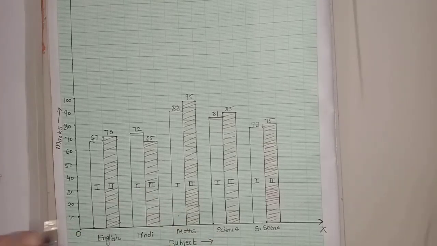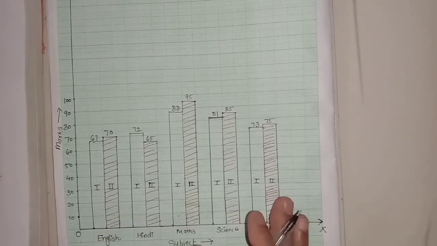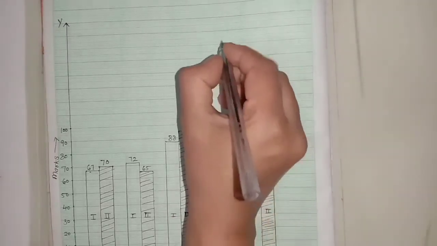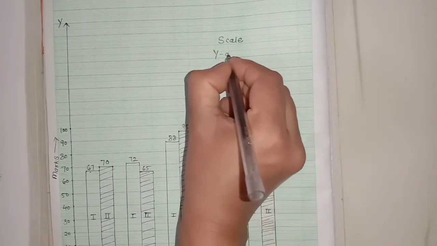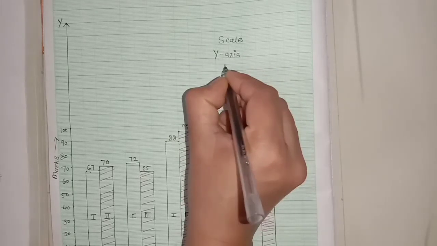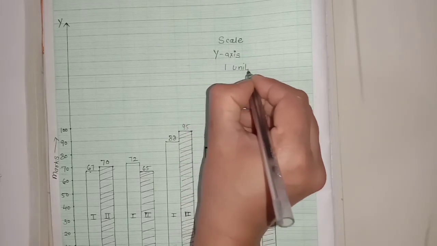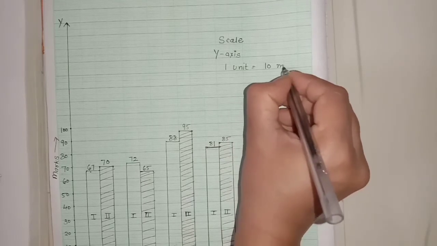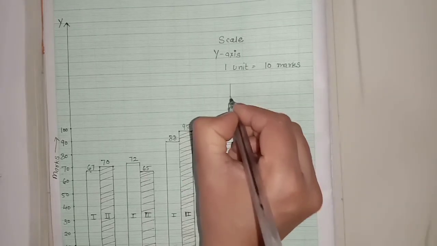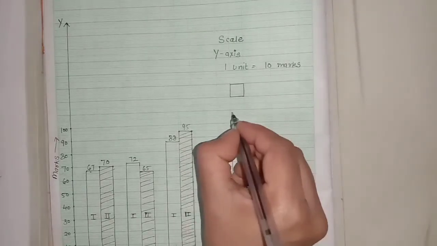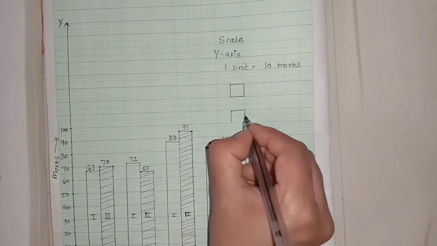And the scale you are taking, that also you have to mention here. So here we will write scale. On the y-axis what are we taking? We are taking 1 unit equal to 10 marks. And then how are we showing the bars?